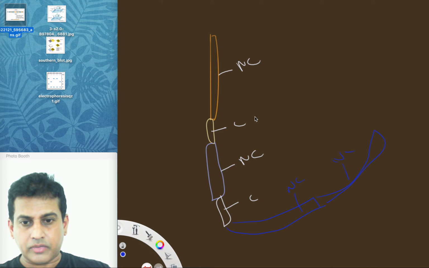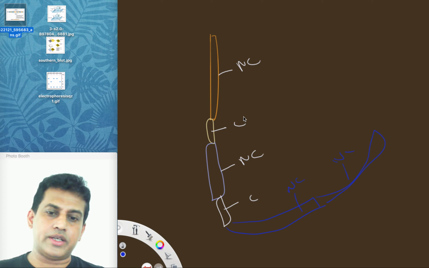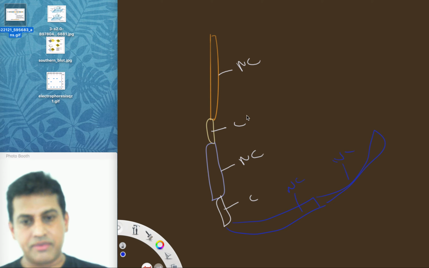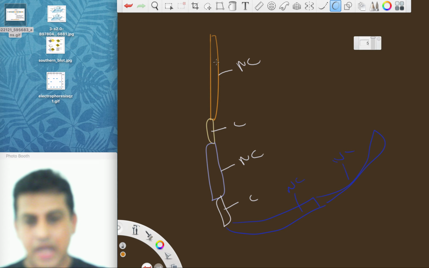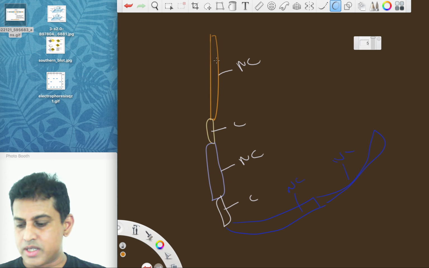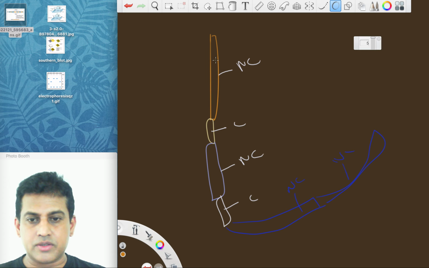So when you look at this non-coding region, we can identify two important regions of the non-coding part. So what are the two important regions of the non-coding part? Just to show you, they are kind of a repetitive sequence. So what is a repetitive sequence?